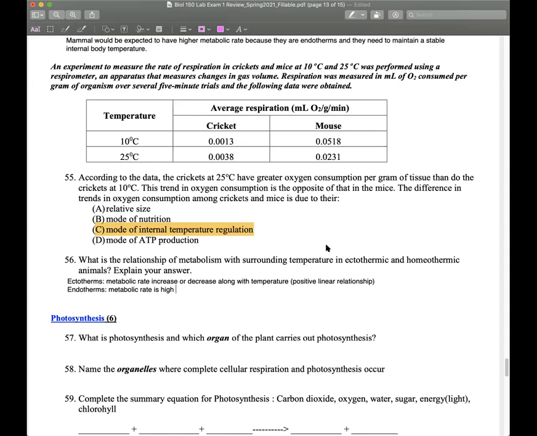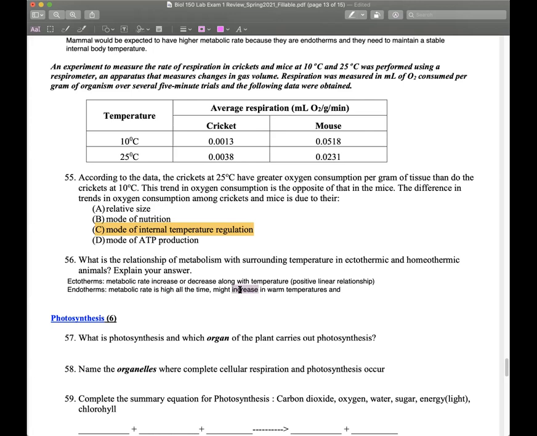No, for ectotherms would be the mouse, right? No, the mouse is the endotherm. Okay, I was confused. So then the endotherms would have a negative linear relationship.